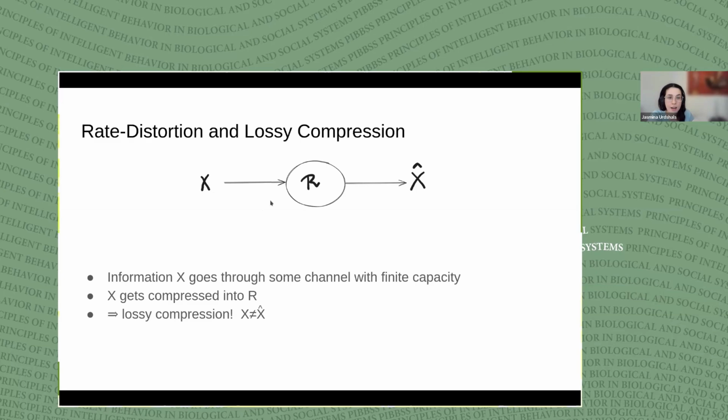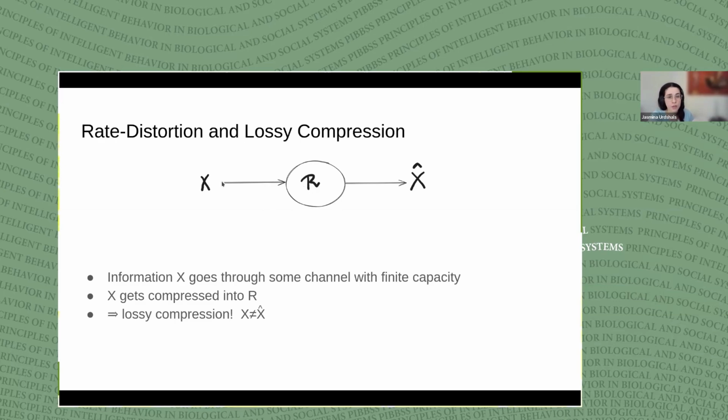And we want to pass this through some channel, and that channel will, in general, have some finite capacity, either because of the way that the system is constructed, or just because we want to have a more efficient version of the symbol by compressing. And therefore, in this channel, we will have a new representation of our information. Now, this representation is compressed and it is lossy, and we denote that by R.